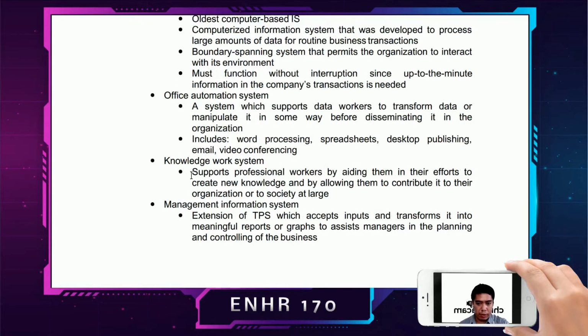So for example, this is the knowledge work system, depending on your area of expertise. For example, in marketing, the marketing software or marketing information system you use could only be understood and utilized by those people who are working in marketing. The same goes for HR.